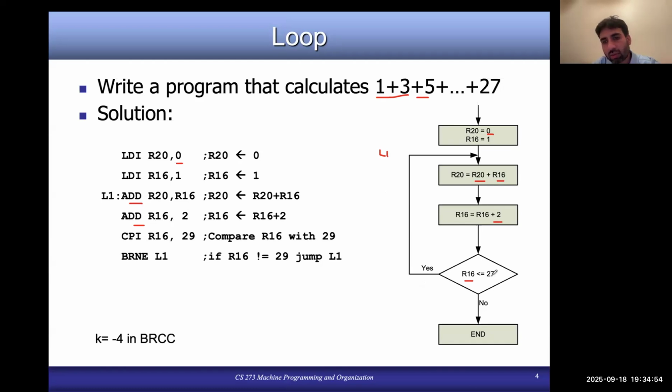Basically, the next number you will have in R16 after 27 will be 29. So if your R16 becomes equal to 29, you can break the loop, right?